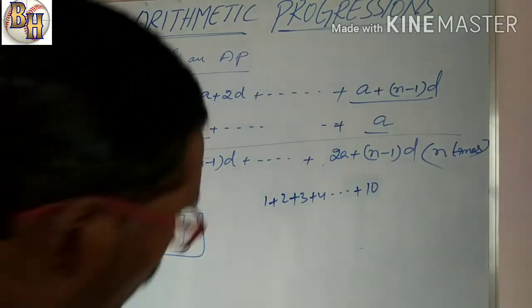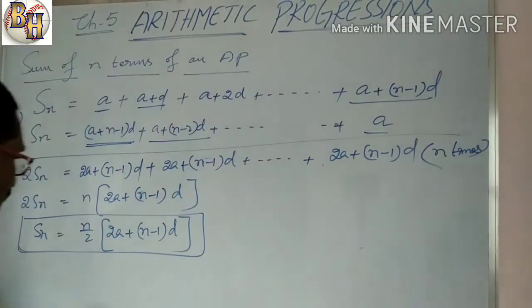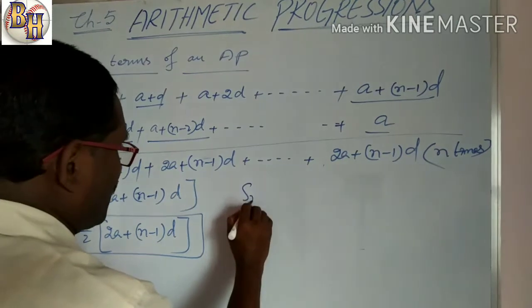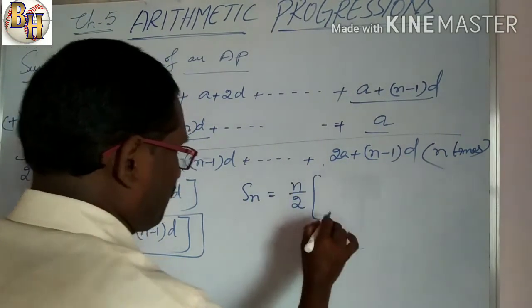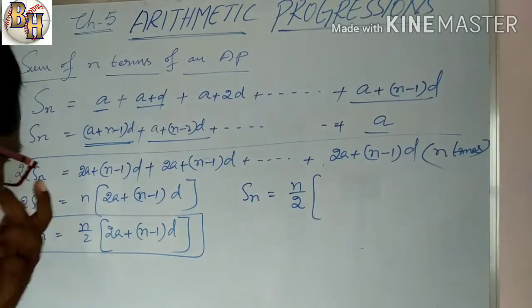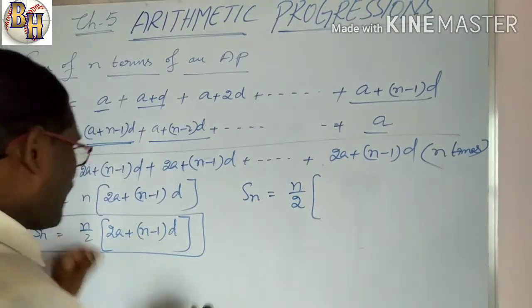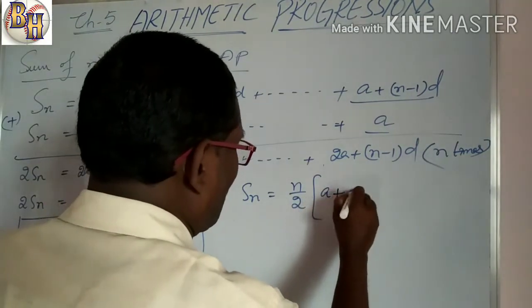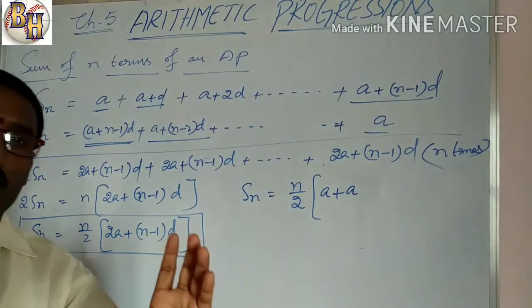And also, suppose for example, Sn is equal to n by 2 into 2a plus n minus 1 into d. This 2a can be written as a plus a, we can write, no? Yes or no? 2a means a plus a.